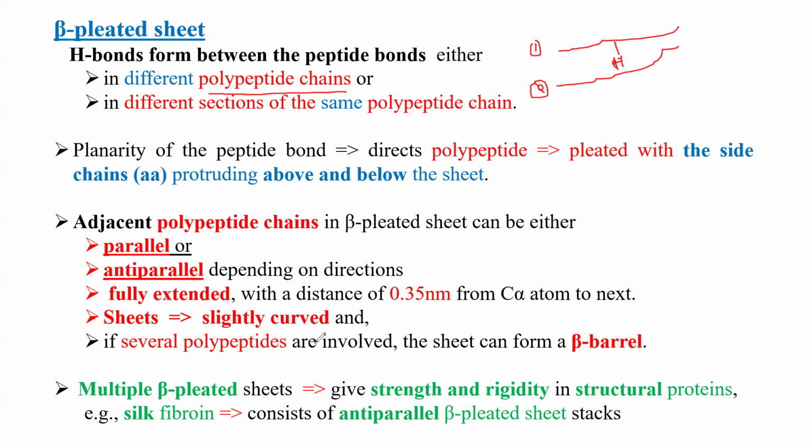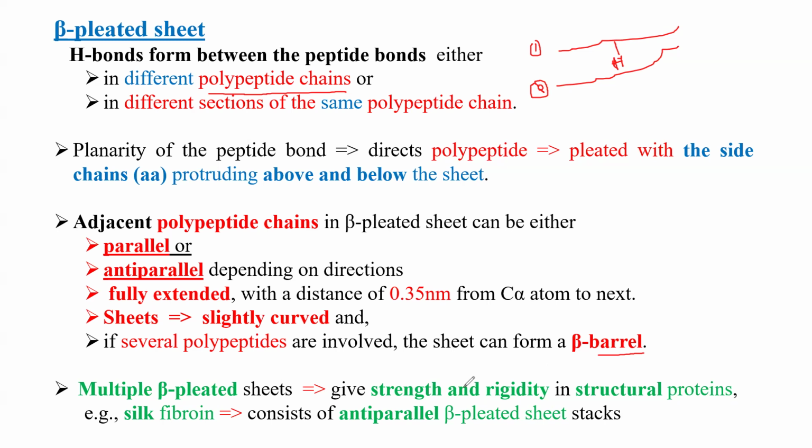If several polypeptides are involved, the sheet can form what we call a beta barrel. Multiple beta-pleated sheets give strength and rigidity to structural proteins.